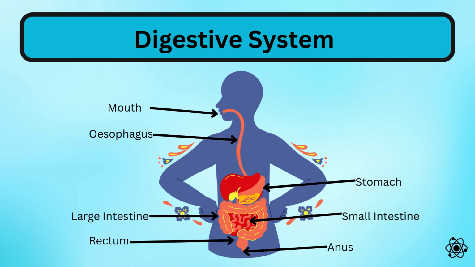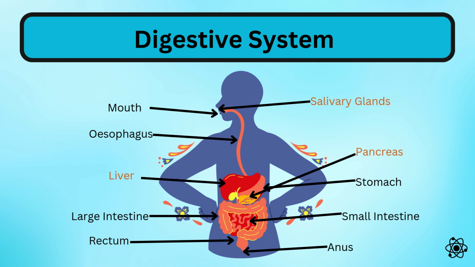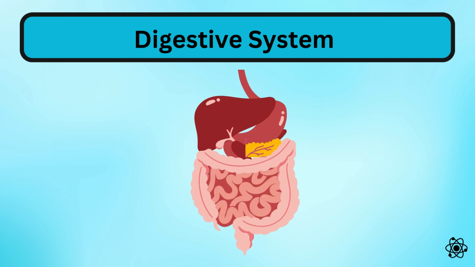The associated organs of the digestive system are the salivary glands, the pancreas, the liver, and the gallbladder. The small and large intestines have different parts.